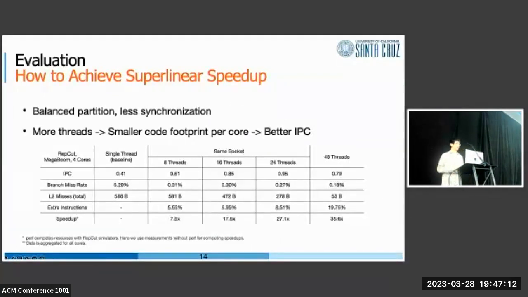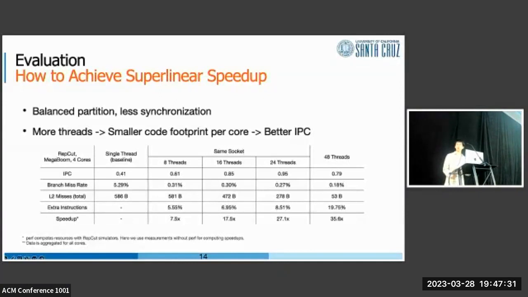So how does RepCut achieve superlinear speedup? Firstly, it creates much more balanced partitions with only 1 synchronization per cycle, which greatly reduces CPU cycle waste. And secondly, by using more threads, we are actually distributing smaller code to each core.